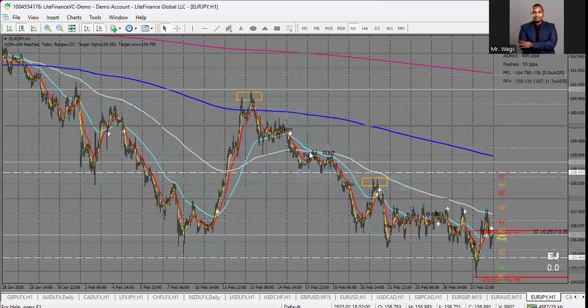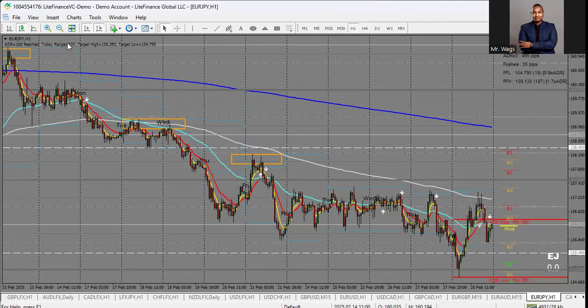So 1, 2, we had a retracement, like a quick reset. So if we measure from this point to this point, around 495, 496 pips. So our ADR times 3 is 495. So this is where it completed the cycle. And then we had our retracement.